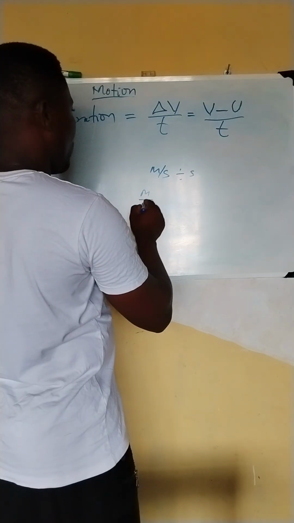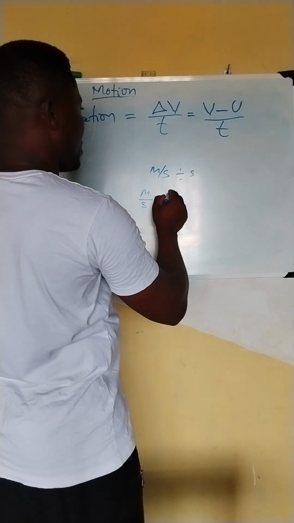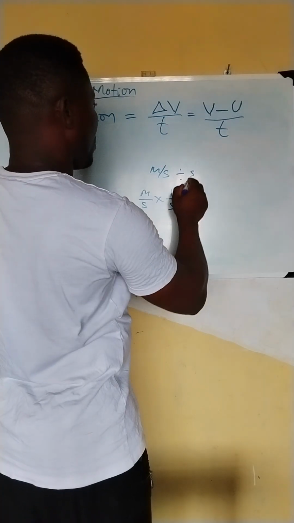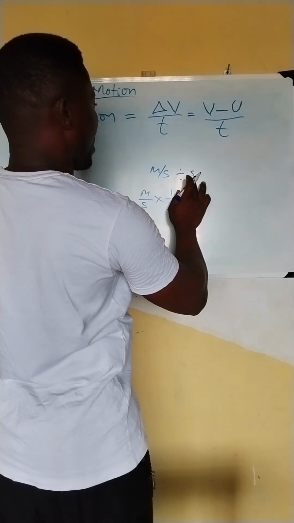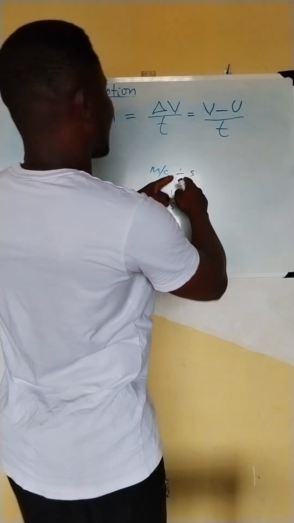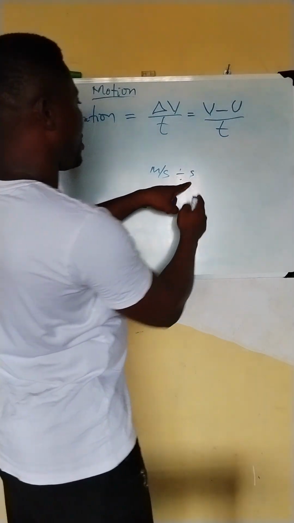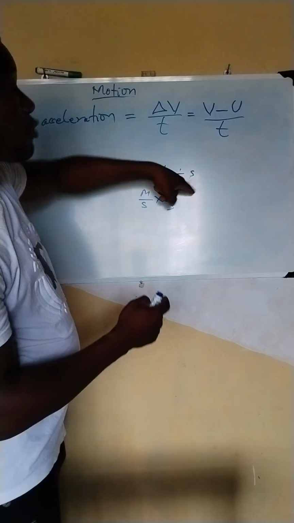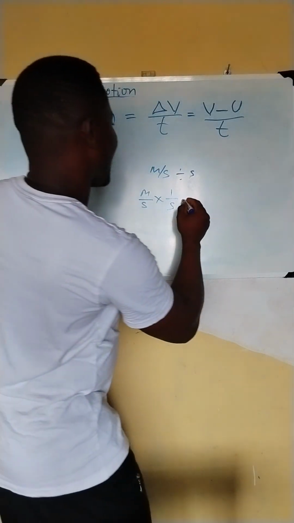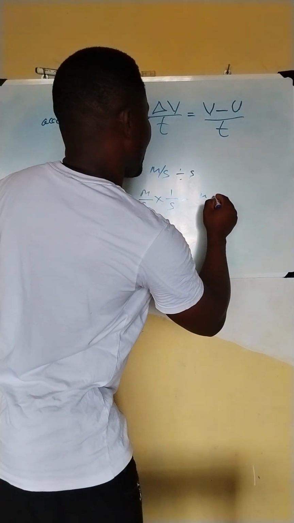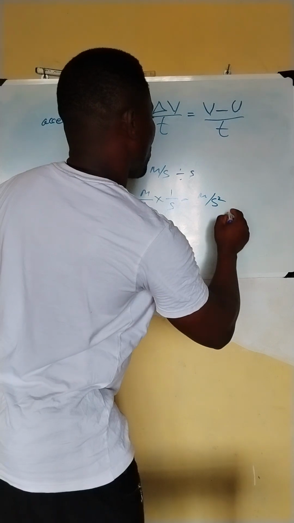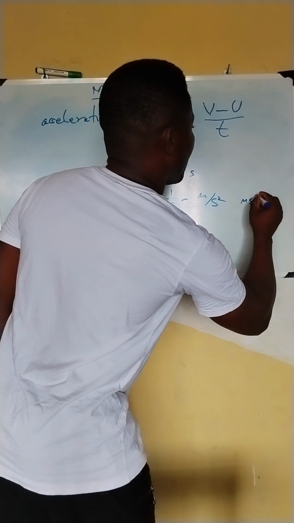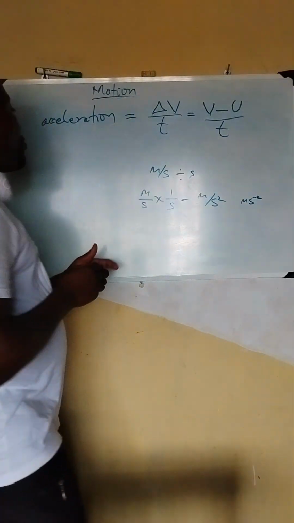M all over S times 1 all over S, because this is just like saying over 1 here. So when you change the division sign to multiplication, then the denominator will come up to be the numerator, and the numerator will come down to be the denominator. So that is equal to meter per second square. You can as well write it as meters per second square.